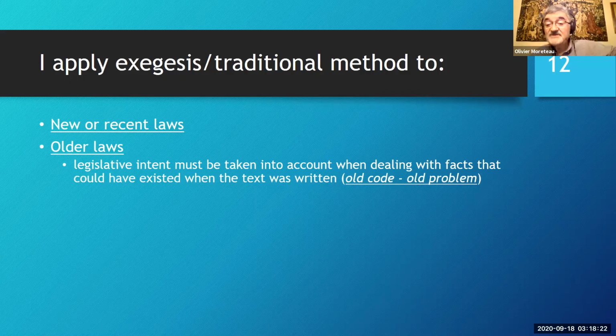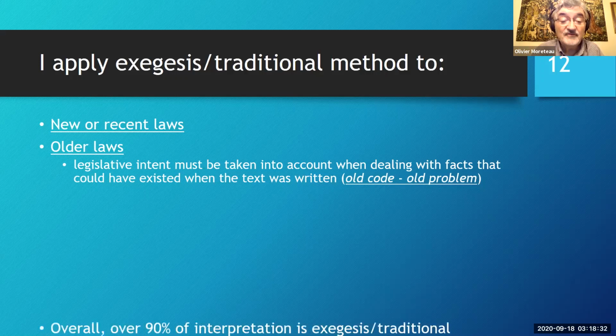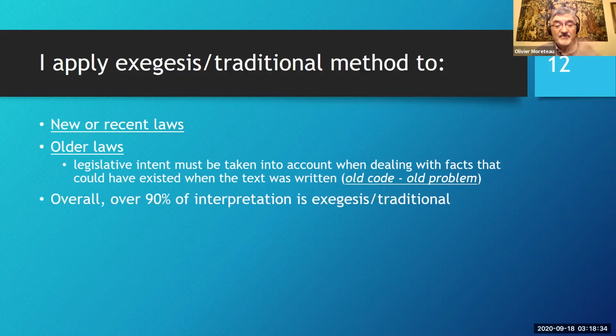So even if the law was written a long time ago, there is no change. The problem had already been identified. There is no reason here to move to the modern method.